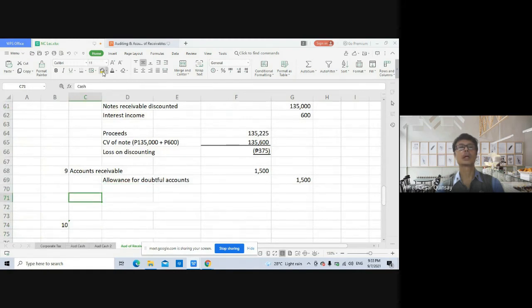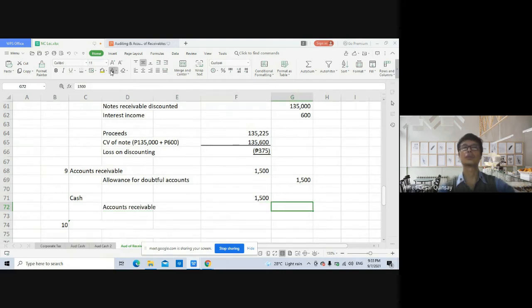Meron pala tayo dito na, since na-recover pala natin, kasi when we say recover, ibig sabihin, nagbayad yung customer na dati nating i-write off. So, of course, makakatanggap tayo ng cash doon. So, debit cash for 1,500 and credit accounts receivable. Parang tinanggal din lang natin, no?